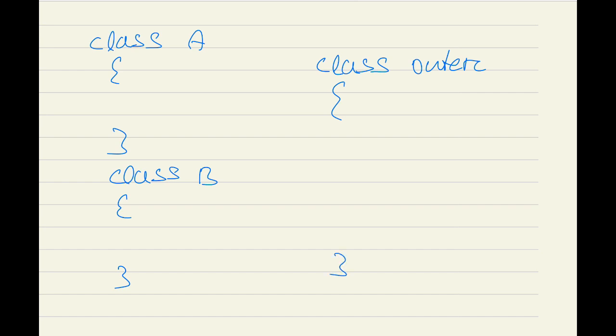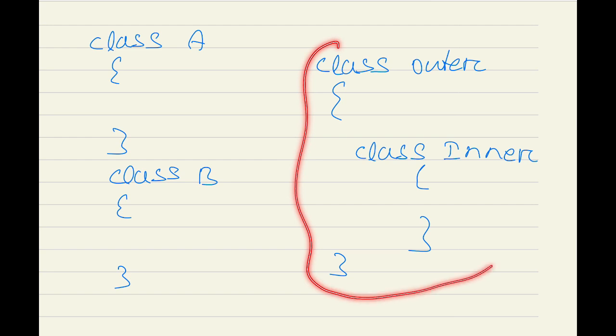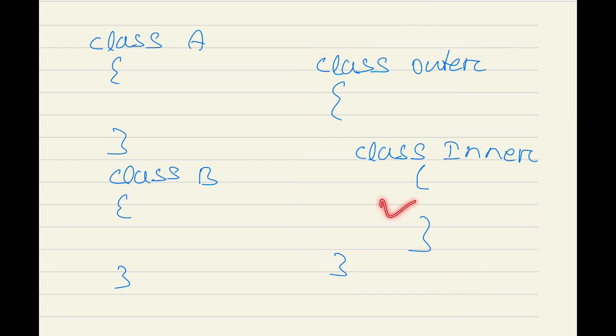Inside this class outer, we write another class, and assume the class name is inner. You can observe this inner class is present inside the outer class. This type of structure is called nested class.